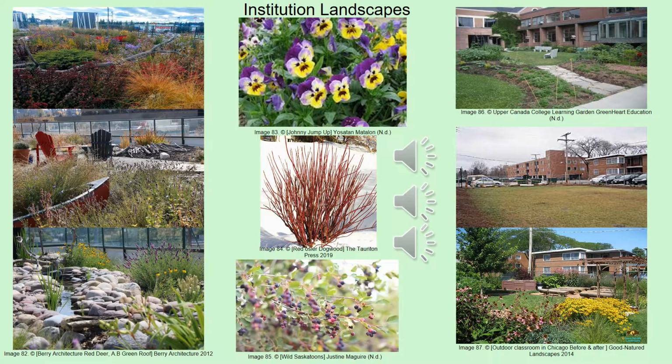The third landscaping setting we're going to talk about is institutional landscapes, and by that we mean landscapes for private business, government-owned businesses or programs, schools, hospitals, all those sorts of places that benefit from having nicely planted gardens with native and non-invasive species of plants to support pollinators.